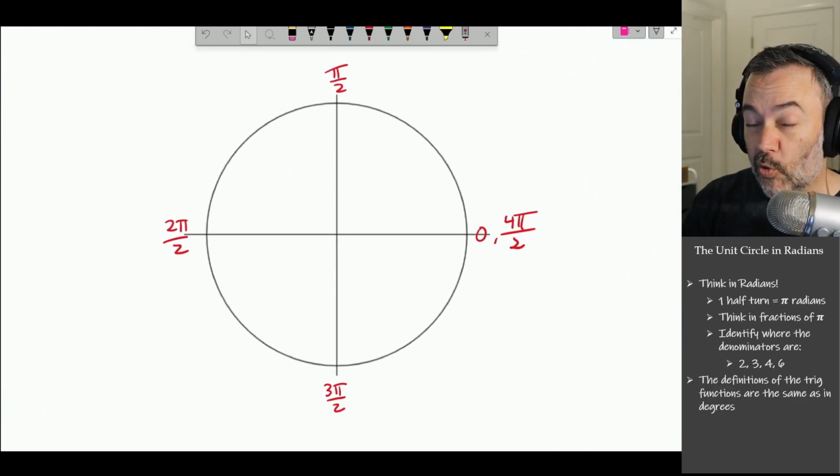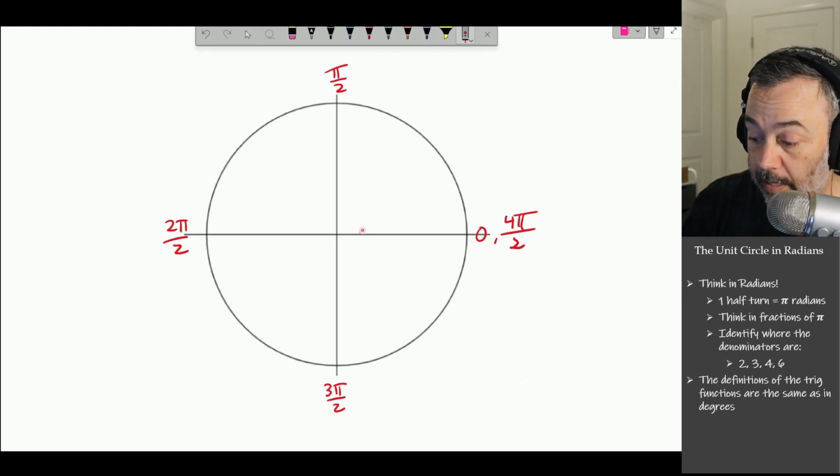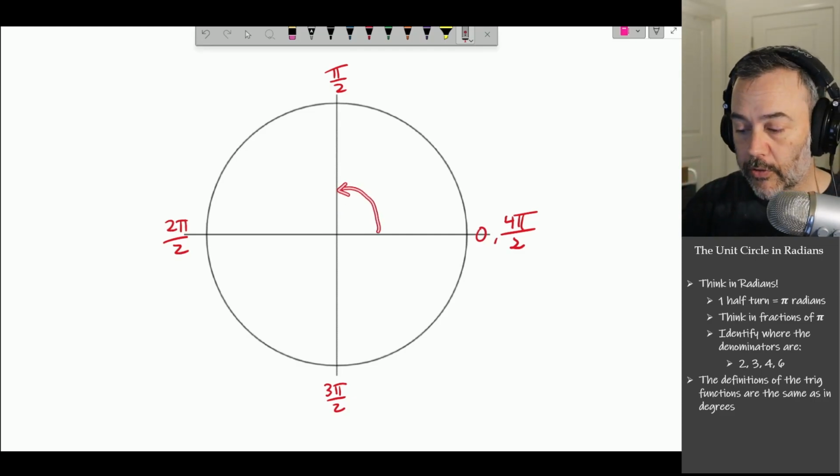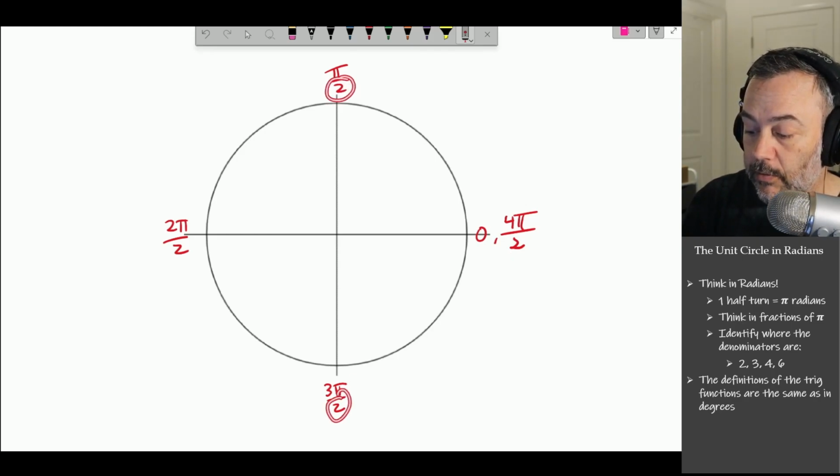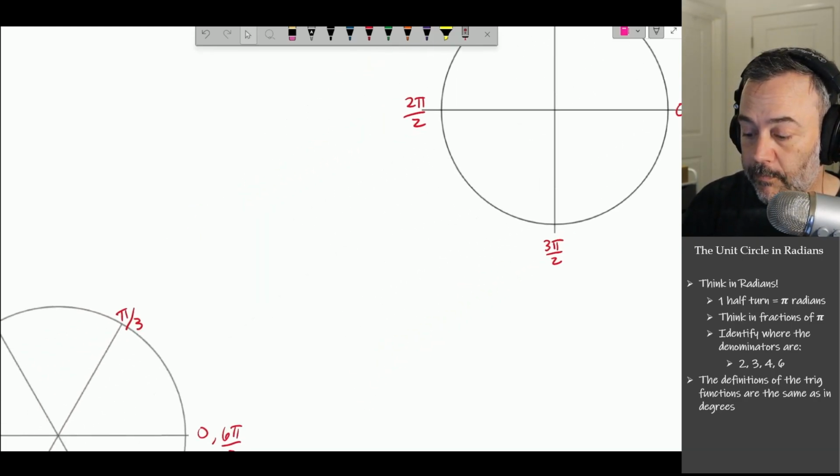Then you can think in quarters of a circle or half of a half turn. A half turn is pi, or 2 pi over 2. 90 degrees, or a quarter turn, is half of a half turn. So pi over 2, 2 pi over 2, 3 pi over 2, etc. Notice our denominators of 2 are on the top and the bottom.